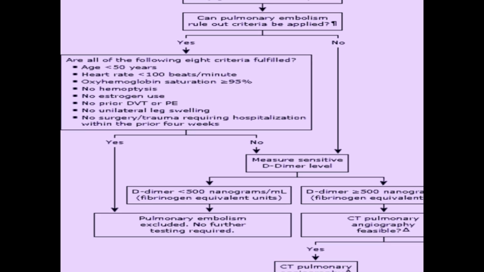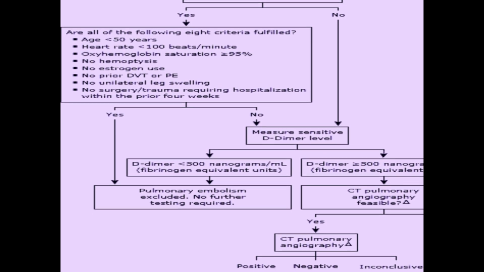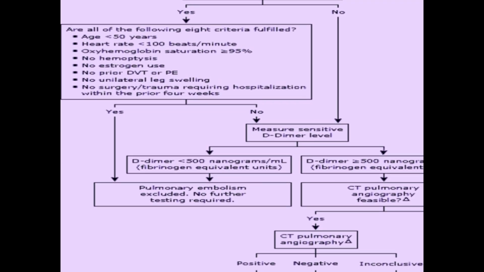No further testing is needed. If the answer to all these questions is no, then we measure the D-dimer. If the D-dimer is less than 500 nanogram per ml, then pulmonary embolism is excluded. We will not do any further testing.